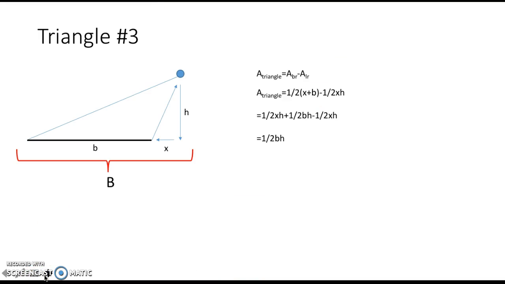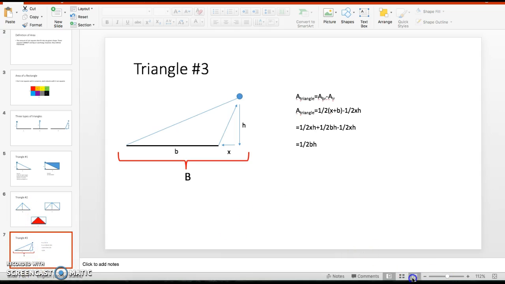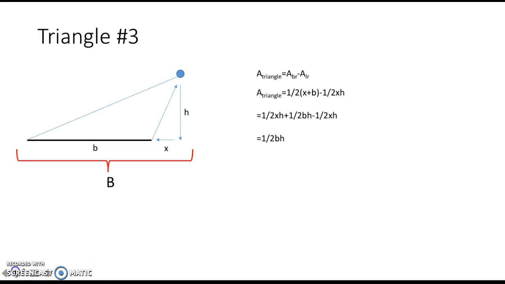And finally, triangle number 3, which I think is the trickiest. You want to keep this, and so here's your triangle. The vertex is here, the one we're looking at, so the triangle connects here, but we don't have an exact vertical height, and we want that because it makes it an easier triangle to work with, since it makes a right triangle.